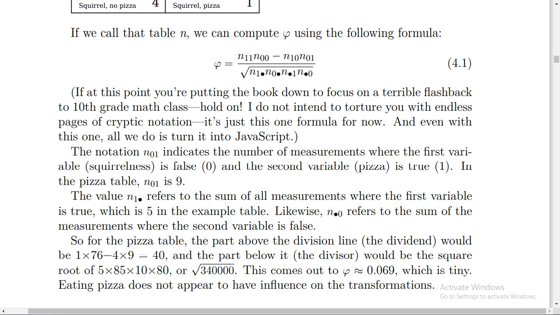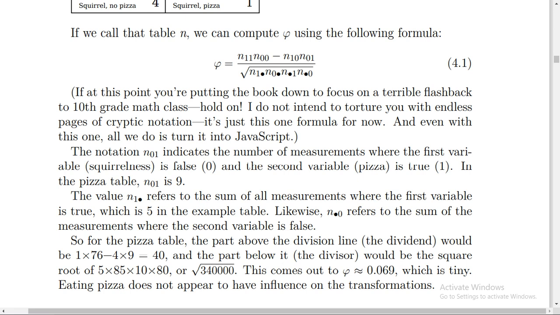And so for the pizza table, the part above the division line, the dividend, would be 1 multiplied by 76 minus 4 multiplied by 9, which is 40.